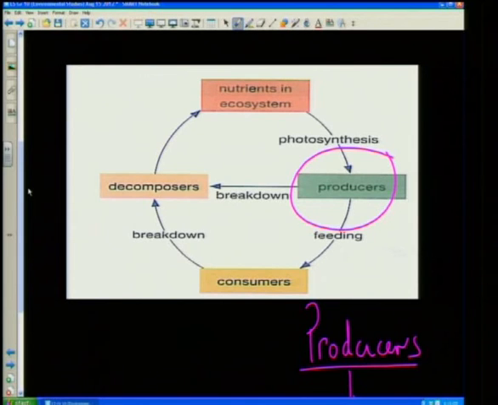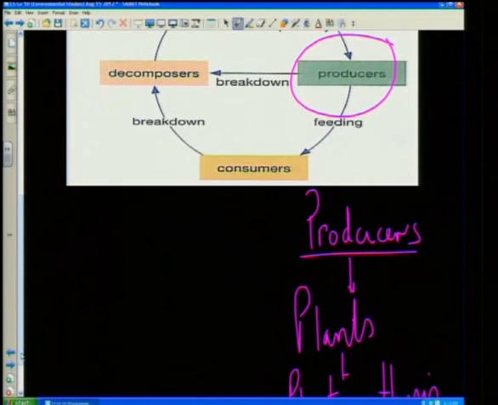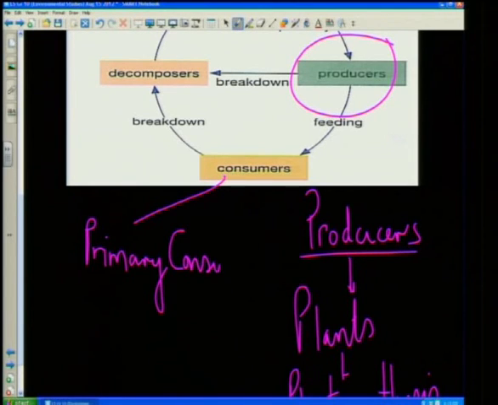So your consumers refer to organisms that will utilize the energy produced by your producers, and these include your primary consumers, and these would be the herbivores.